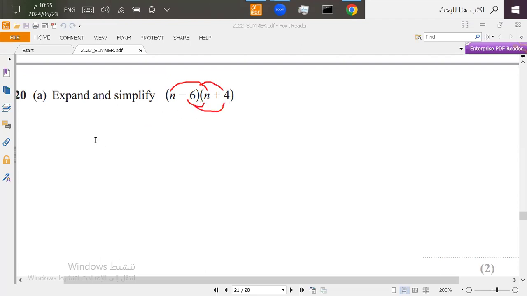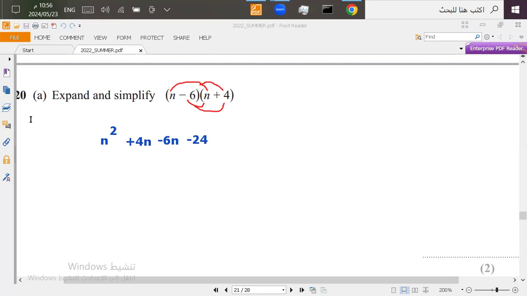So n times n is n to the power of 2, n squared. And then n times 4 is going to be positive 4n. And then negative 6 times n equals negative 6n. And then negative 6 times 4 equals negative 24.